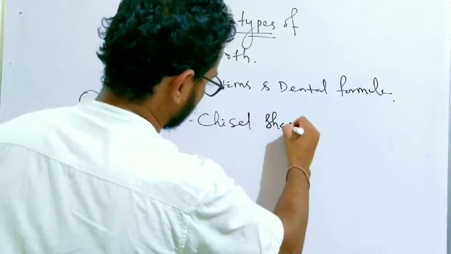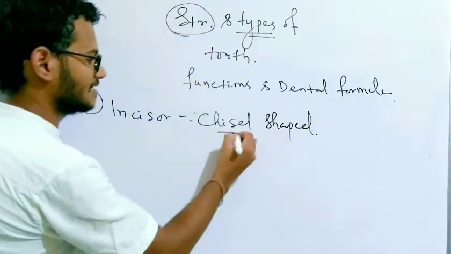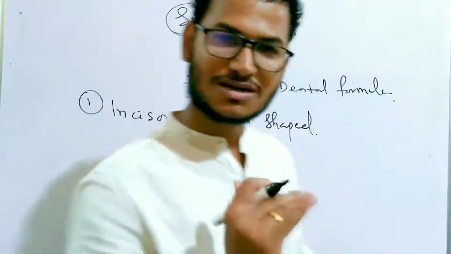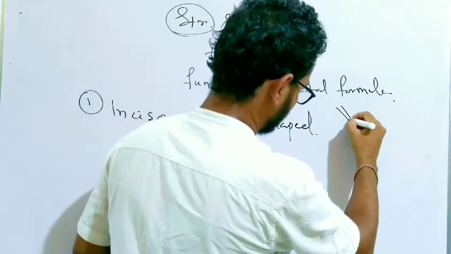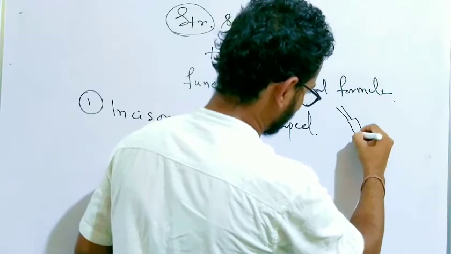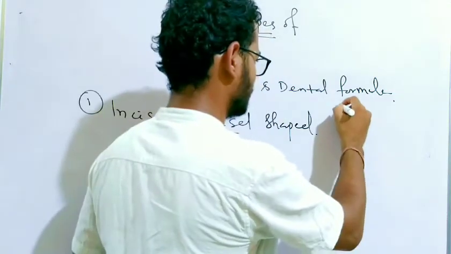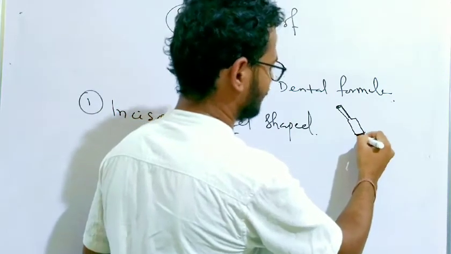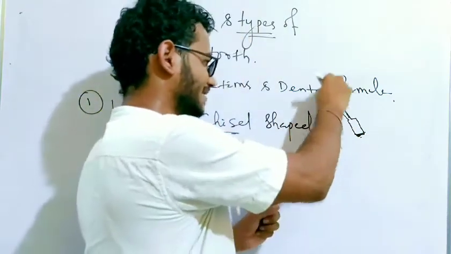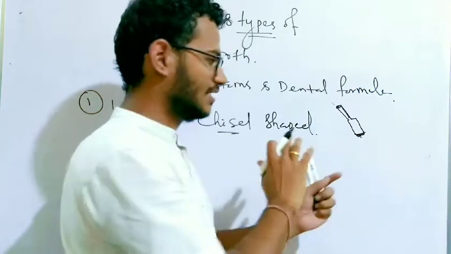Chisel shaped means this is the instrument that is used to cut the wood. It will look like this. It is used to cut. This has a very sharp point, so we beat here and this sharp end will cut the wood.